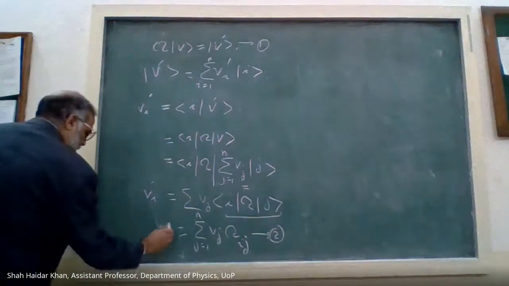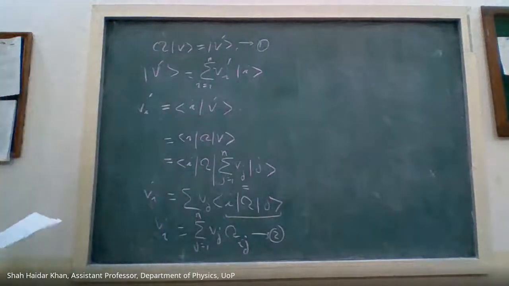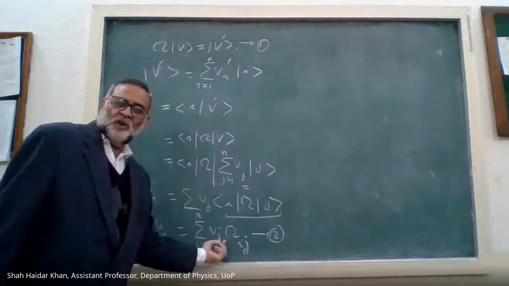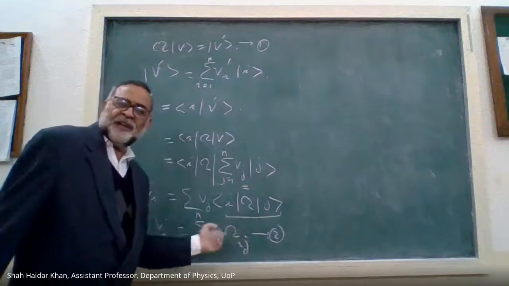This is V prime equal to R. Since this is a scalar, we can bring it here or here without any problem.